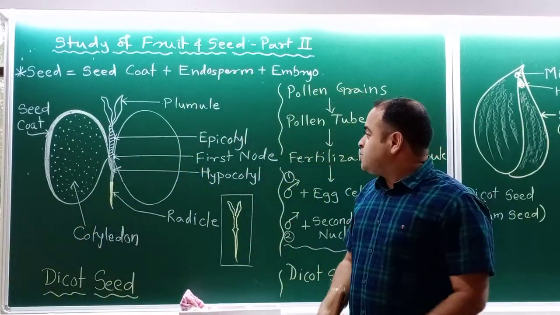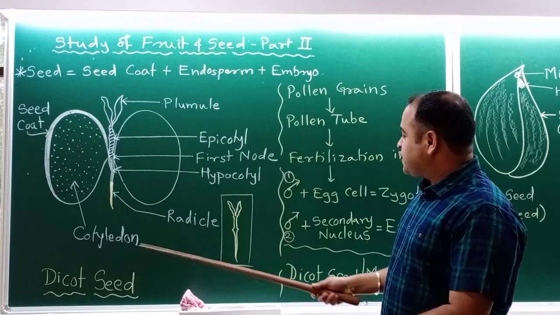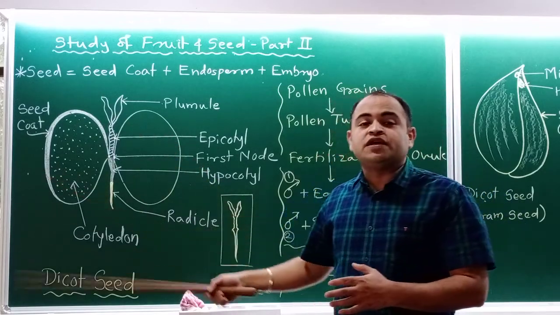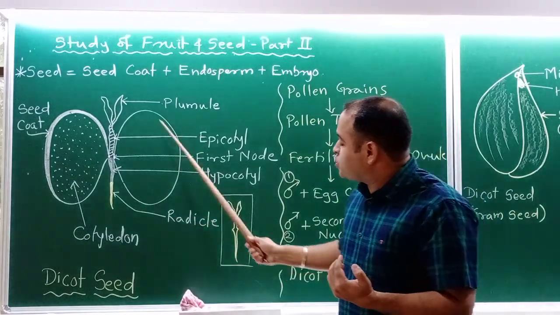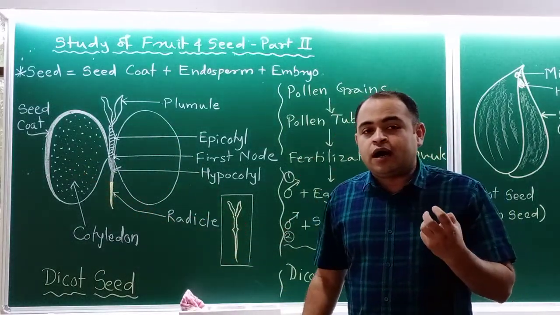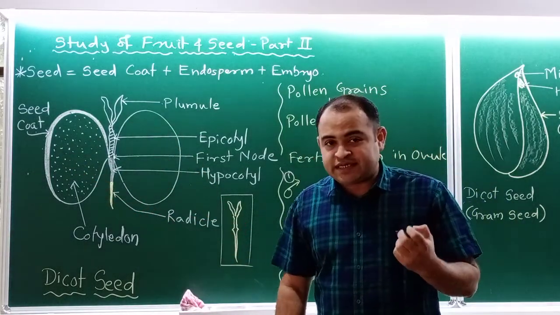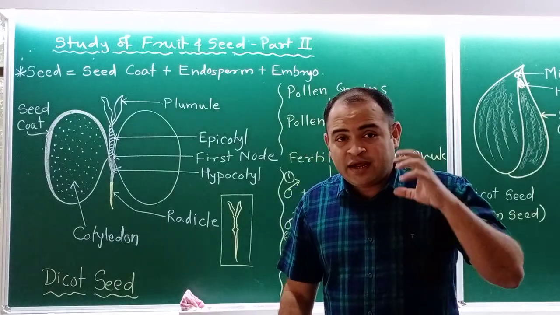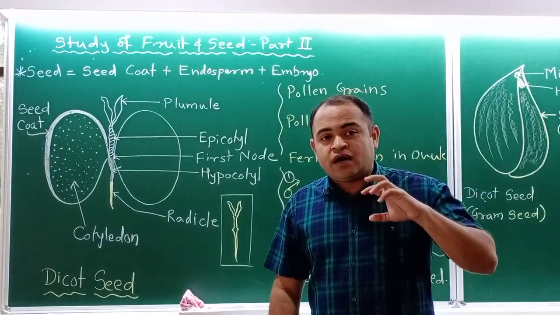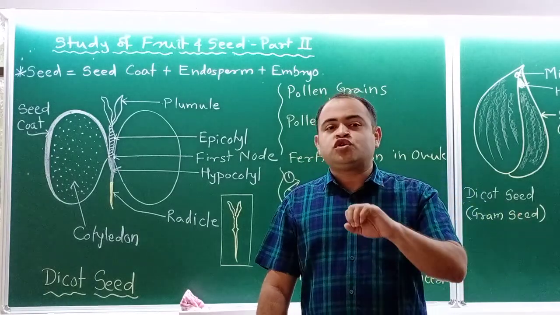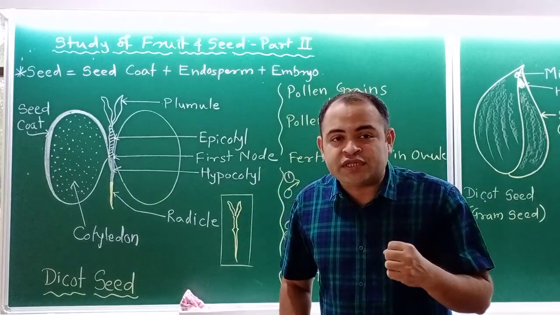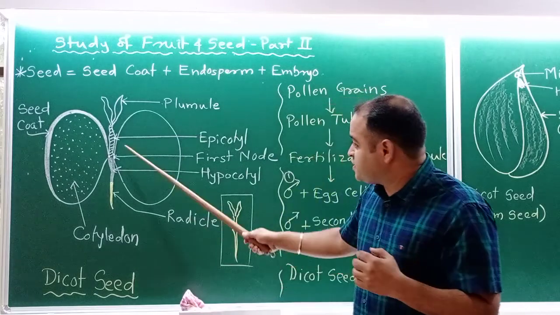I'm sorry for the disturbance caused, but once again, this is the cotyledon in which the endosperm is absorbed. When this cotyledon shows its independent presence, we should understand it is fully filled with the endosperm. So don't worry about the nutrition required by this embryo.